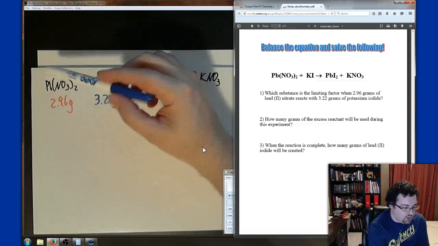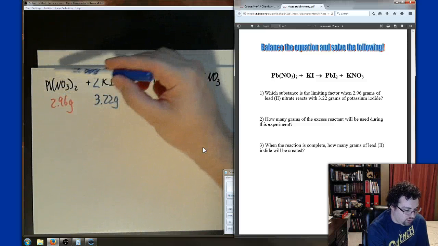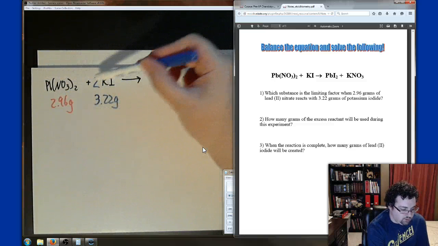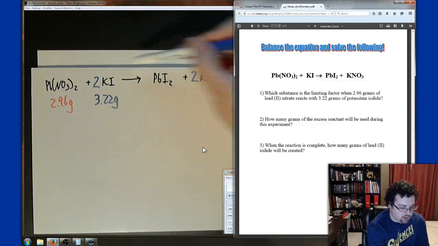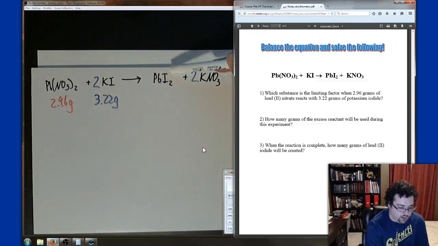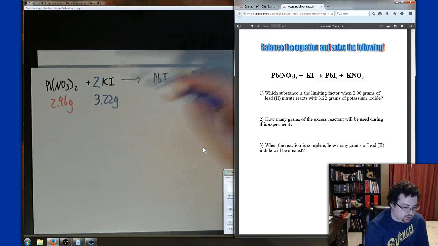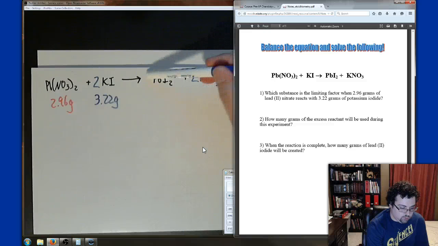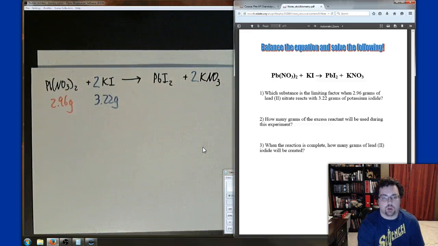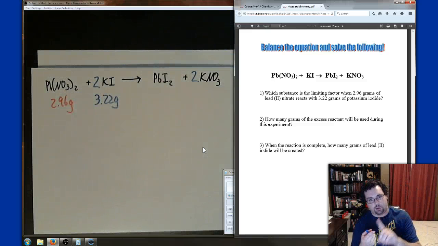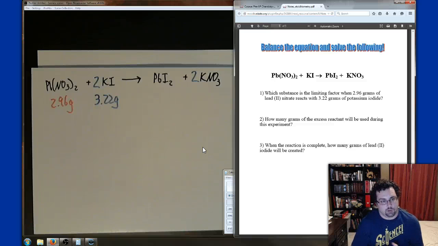The equation says 1 mole of lead nitrate plus 2 moles of potassium iodide will result in 1 mole of lead iodide and 2 moles of potassium nitrate. The coefficients are referring to moles, not grams. So I've got to figure out how many moles I have, and then how many moles of the products I'm going to end up with to figure out which one is the limiting reactant.